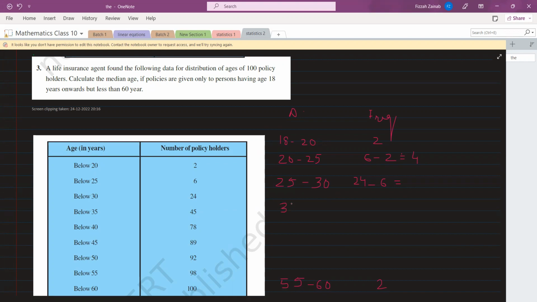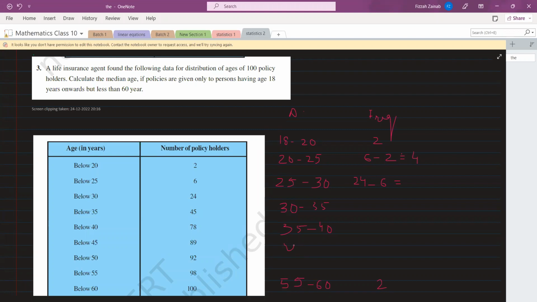Okay, so the next interval is 30 to 35. Then you have 35 to 40, then 40 to 45, like that. So what are the frequencies?